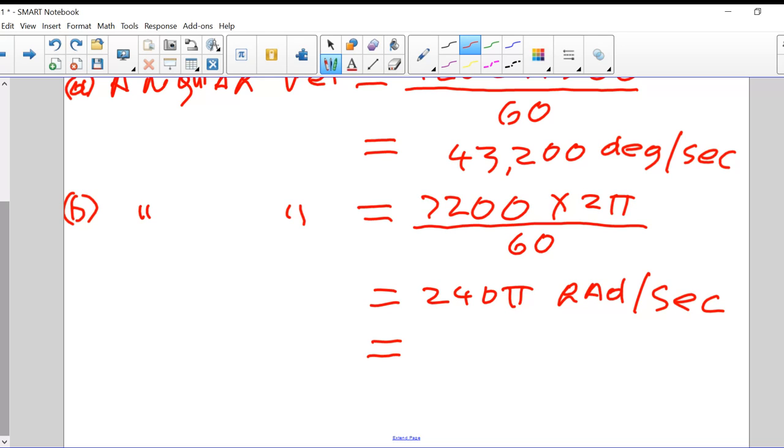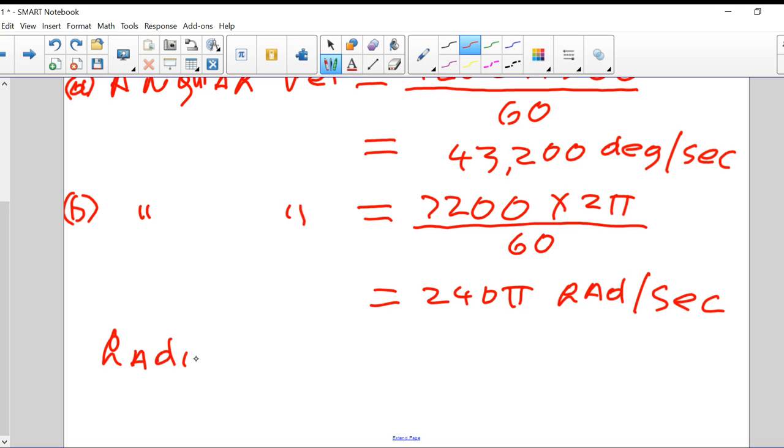Hussein, I like that question, asking how this would change. So let me show you how it would change. If this was asking about radians per minute, which is also angular velocity, then the answer would just be 7,200.